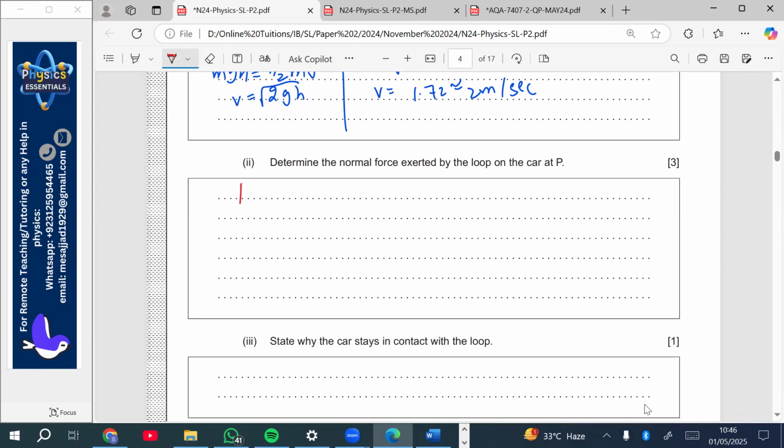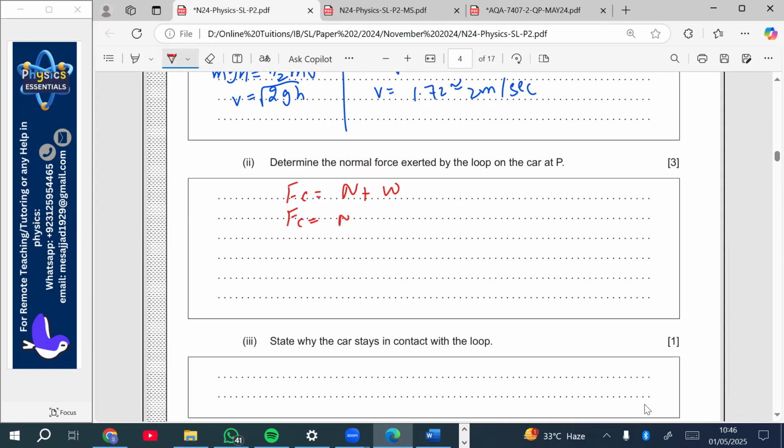So Fc, the centripetal force, is obtained by two forces: one is the normal and the other is the weight of the car. So N plus mg, and we have to calculate the normal force from here.